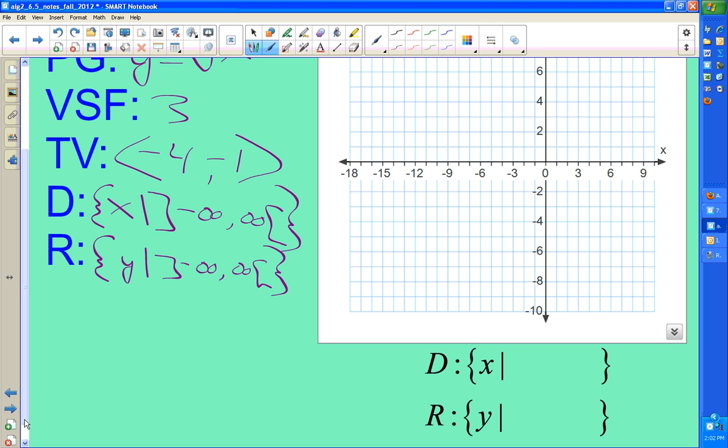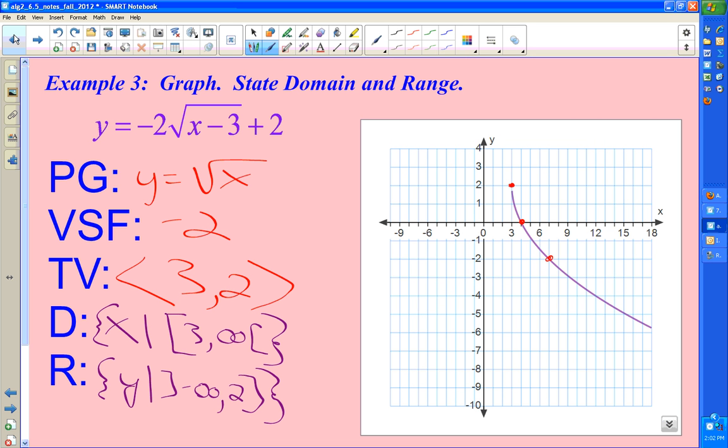Well, least to greatest. All reals is all the numbers over here on the number line. Those are negative, going all the way out to here, positive. When you're starting on your y's, you're coming up and you stop right here.